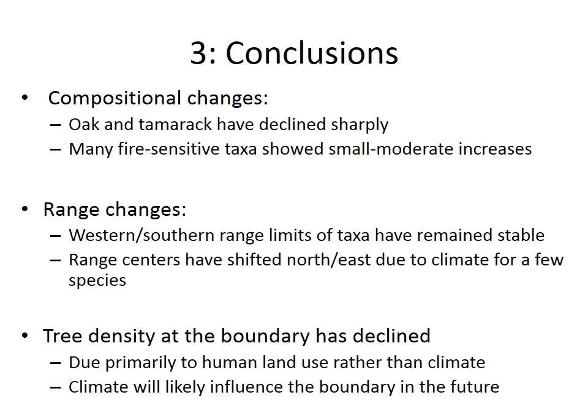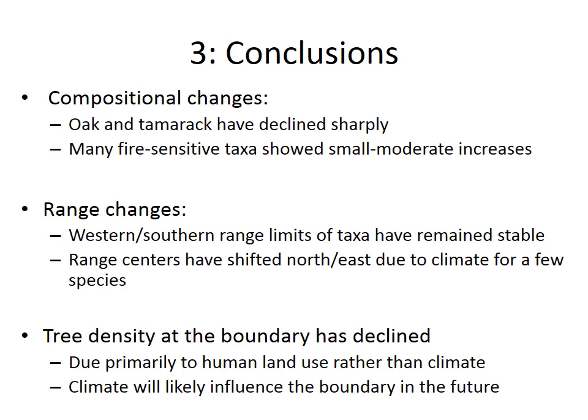The range changes most of the western and southern range limits. If you just look at it as a range where the species can grow, it's remained stable. However, the abundance along the south and west is much less because of conversion to cropland. So the centers of the ranges have shifted to the north and east.